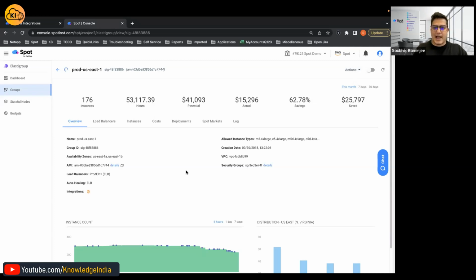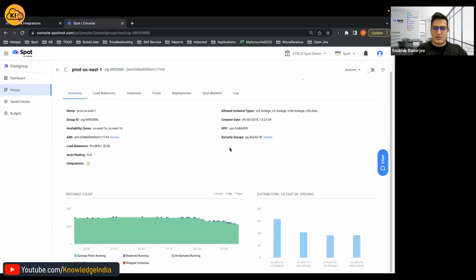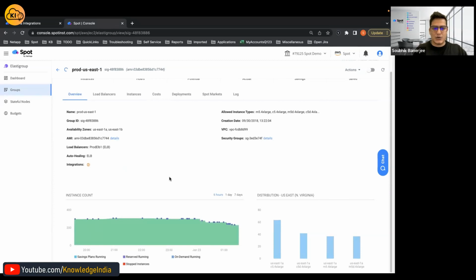The hours and the potential savings we talked about, the same information for this Elastigroup, you can see over here. In the overview, you can see which availability zones are running, what AMI you are running, the load balancers, VPCs, and so on.